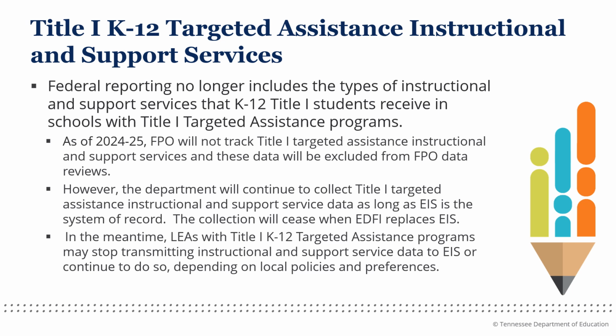However, the department will continue to collect the data in EIS as long as it remains a system of record. The collection will cease when the transition to Ed5 has been completed. So in the meantime, if your district has K through 12 targeted assistance schools, you may continue to transmit the data to EIS or refrain from doing so. Choose whichever approach best meets your district's needs.